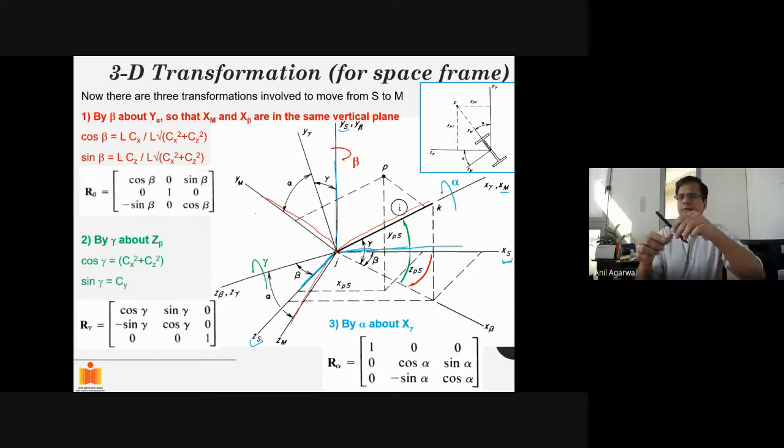So wherever the xm is, if you can see this pen, this is, let's say, the member local x direction. So this is xm, and this is my xs. All I'm saying is I'm bringing my xs right under xm, and xs was already horizontal. So I'm rotating the global coordinate system about the vertical axis, so my xs comes under xm. That angle I will call beta.